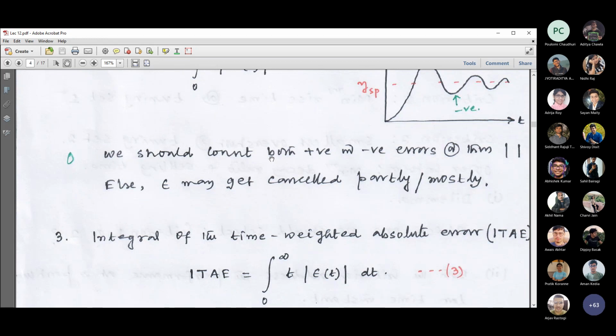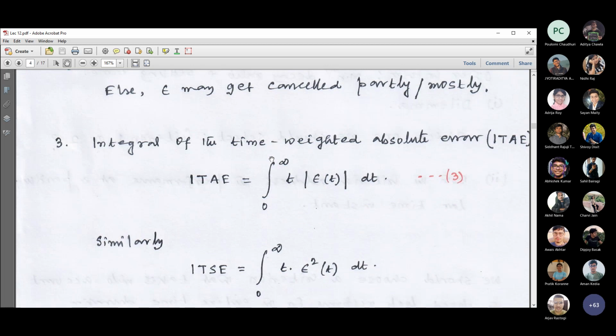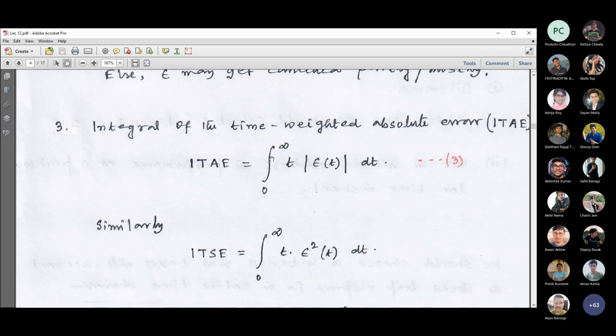So it is called ITAE, integral of the time weighted absolute error. In a similar fashion, we can consider also integral of the time weighted square error. Similarly, we can consider ITSE, integral of the time weighted square error.